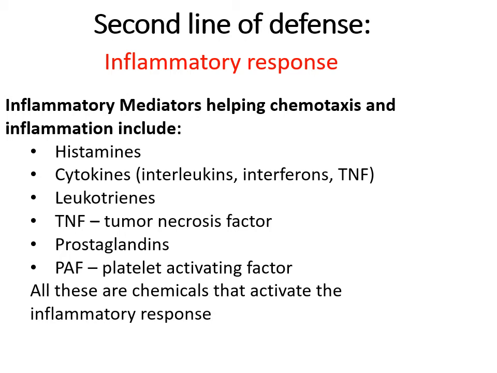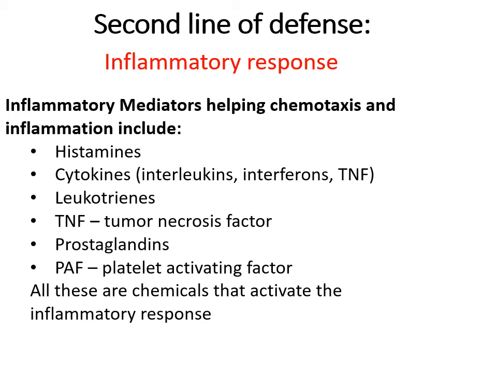Cytokines are just chemicals that communicate between different parts of the immune system. So interleukins, interferons, tumor necrosis factor, those are just communicating molecules between white blood cells and other cells that are involved in the inflammatory response and the immune response.